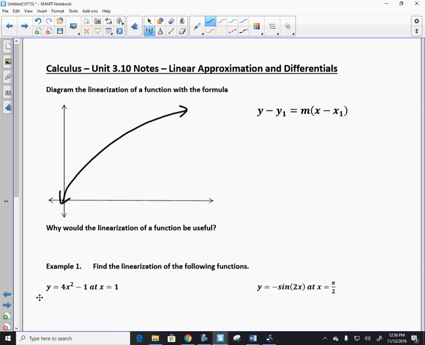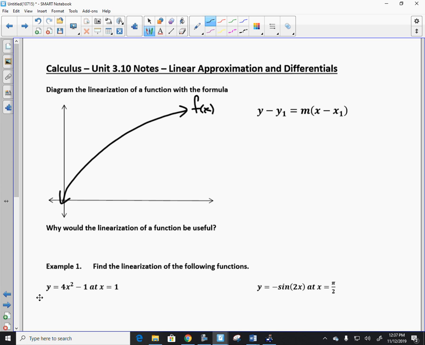Okay, one of the applications of derivatives is related rates of change, which you guys have just used. Here's another type of application, and we call it linearization. If you were to take a function, we'll call this f of x. Everybody agree that f of x is not a line?